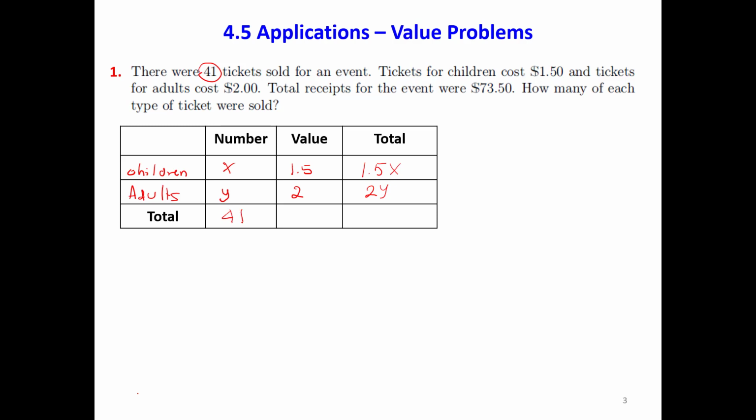And we know if we add the total cost of the tickets for the children and the total cost for the tickets for adults, we will have $73.50.